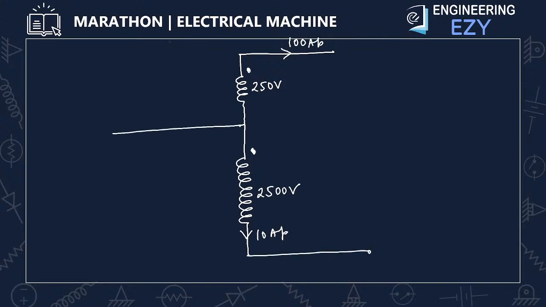And this is the auto transformer connection. The primary voltage is 2500 and the secondary side voltage is 2750.